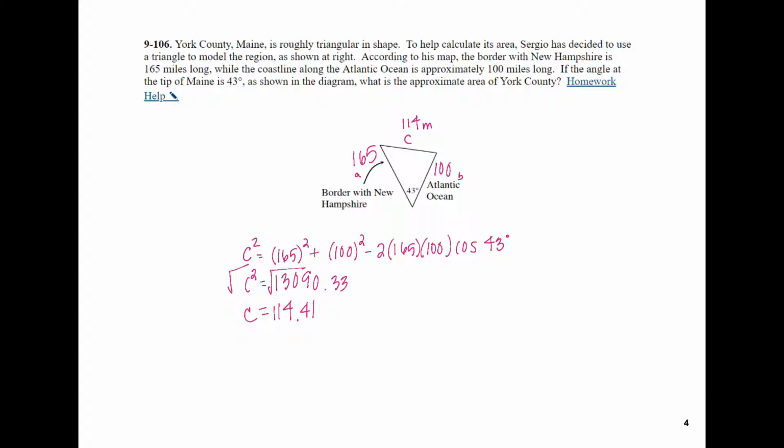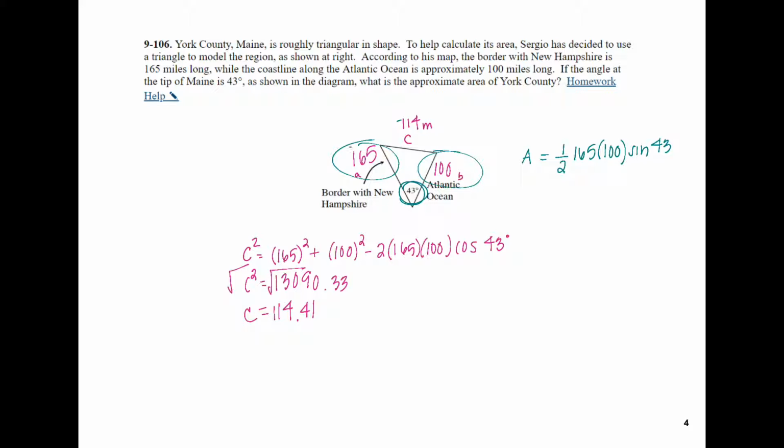So if we need to find the area, because we actually have the included angle and 2 of the sides, we can take 1/2 of 165 times 100 and multiply that by the sine of 43 degrees.